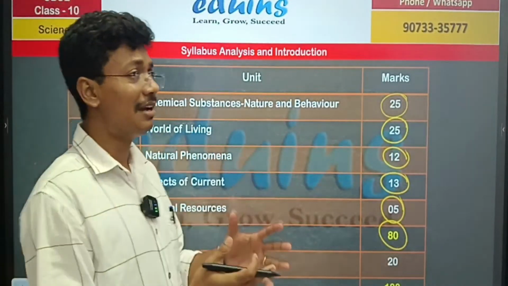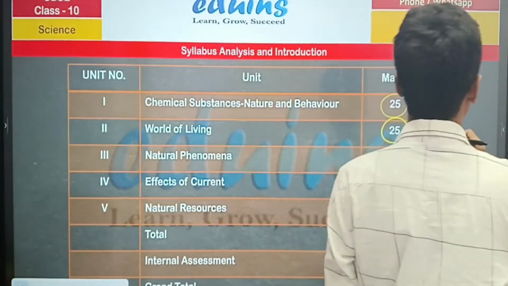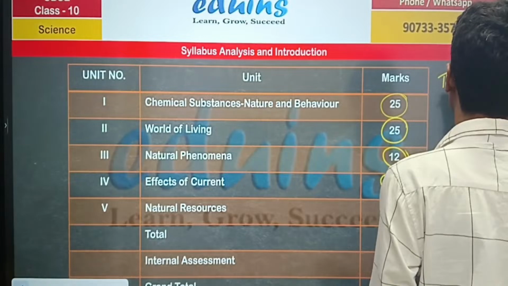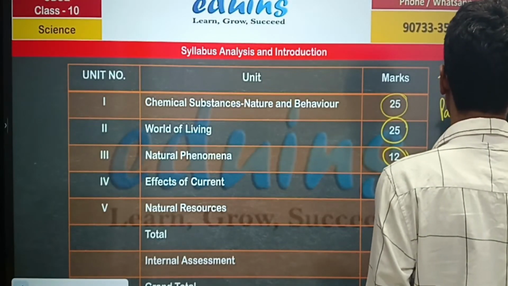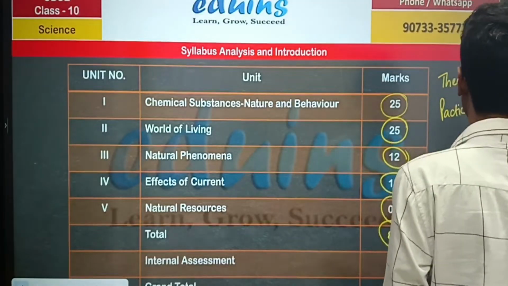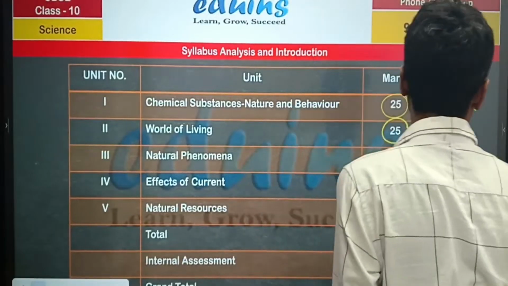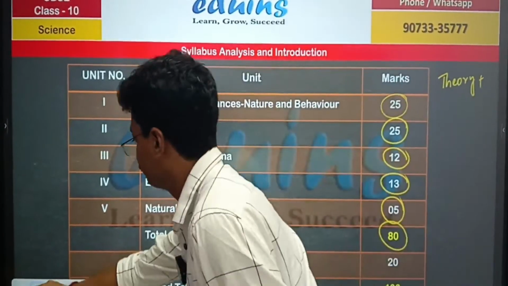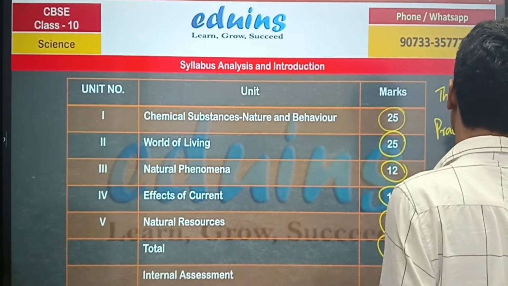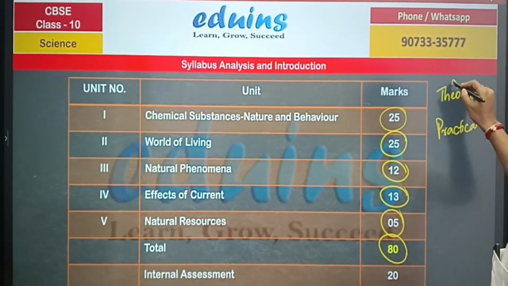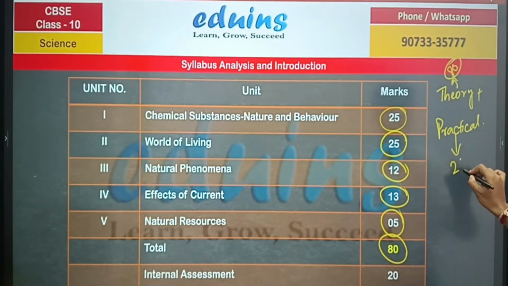Your exam marks are actually divided into two parts: theory plus practical. In the theory section, you will get 80 marks, and in practical you will get 20 marks.